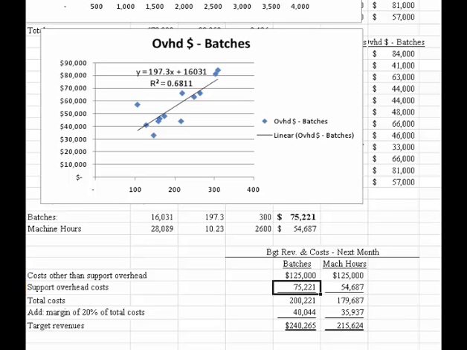Using wrong cost drivers can mislead management in terms of cost planning, cost management, cost control, and it could lead to making inappropriate product pricing decisions. So it's real key that we evaluate the data as best we can and use that to make good decisions to help maximize the long-term profits of the products and services that our businesses sell. All right, that takes care of this problem, everyone. Thank you.